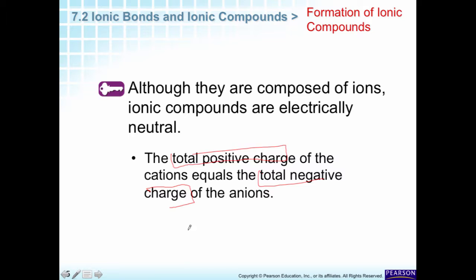And I showed you that. For instance, sodium chloride, you have +1 and -1. They become 0. In calcium chloride, you had +2, and you had 2 chlorines, and so you had 2 minus charges. They cancel. So anytime you make a compound, you're going to know it's a stable compound when the charges cancel.